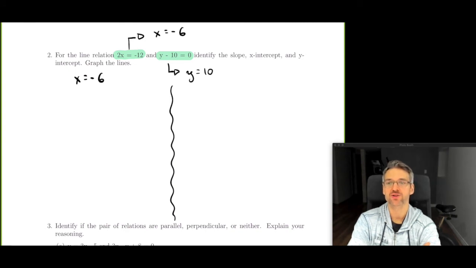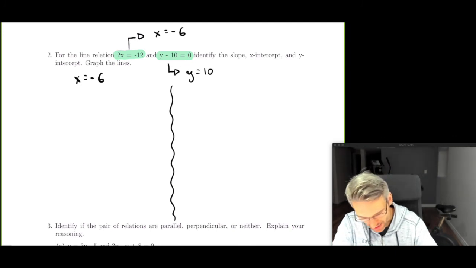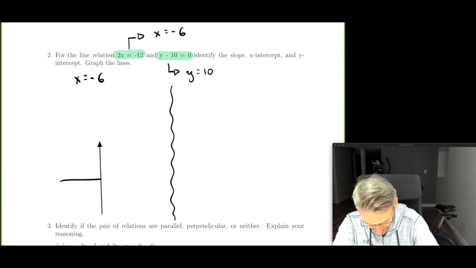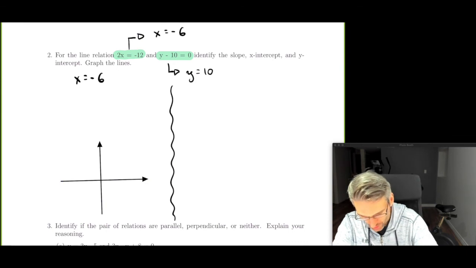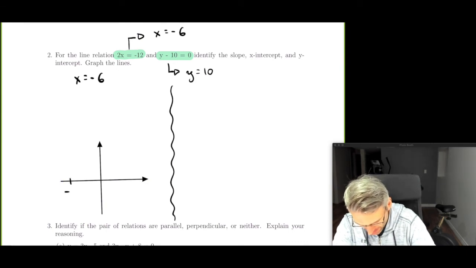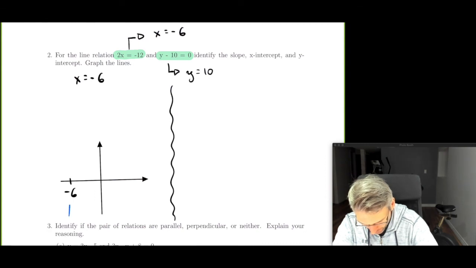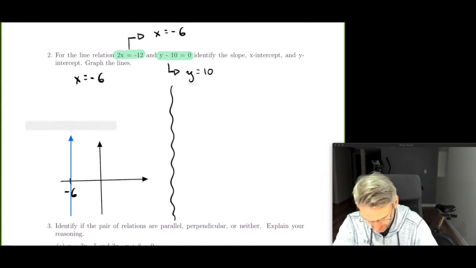So what is the slope, right? If x is equal to -6, you may kind of remember. So if I draw this graph for myself right here. So x equal to -6, basically what we have is a line which is going straight up, so let me move this on the -6 there.